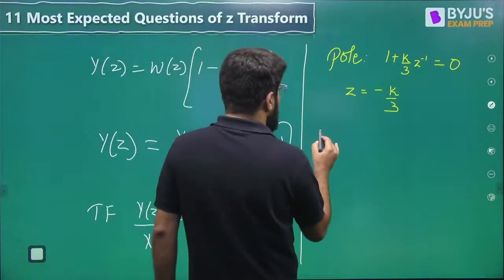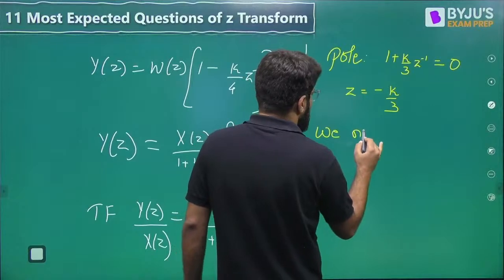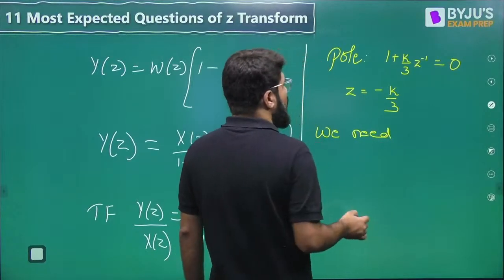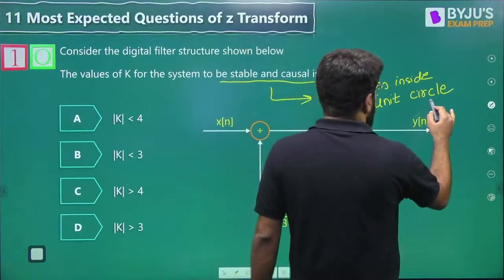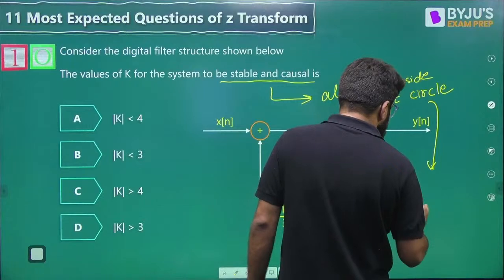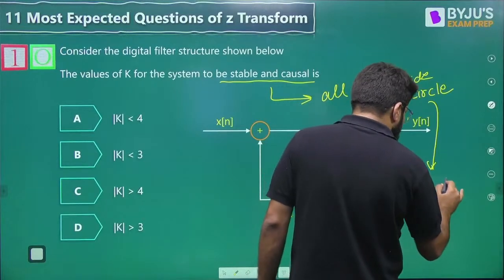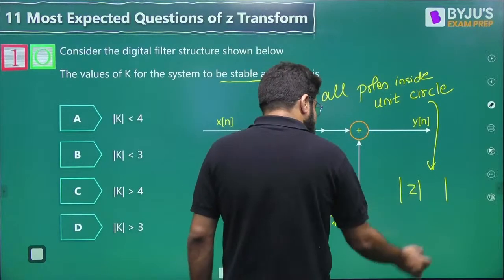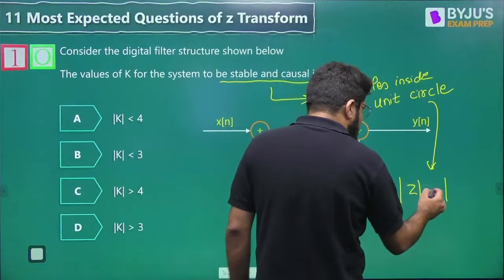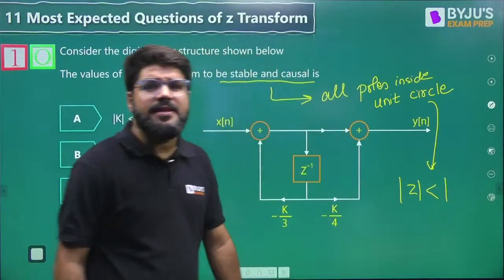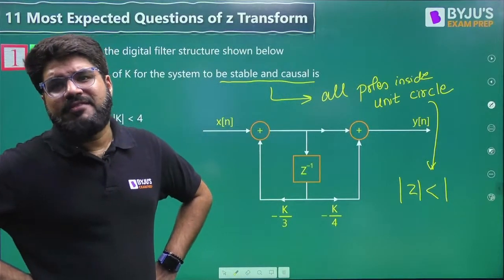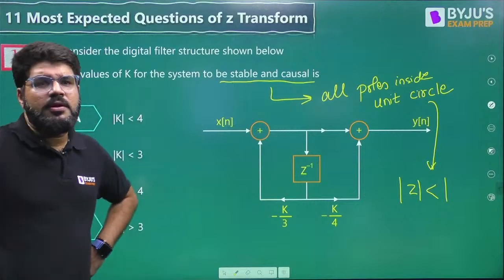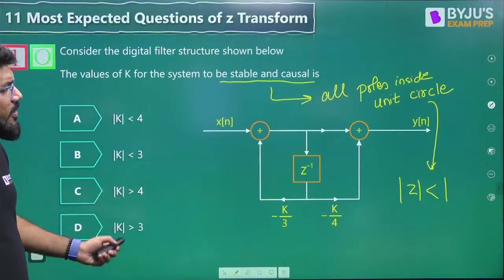Now we need all poles inside the unit circle. The unit circle is mod Z equal to 1. We want the poles inside the unit circle, which means all the poles must have magnitude lesser than 1.